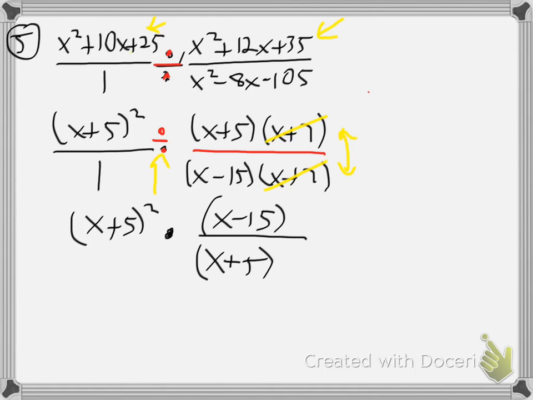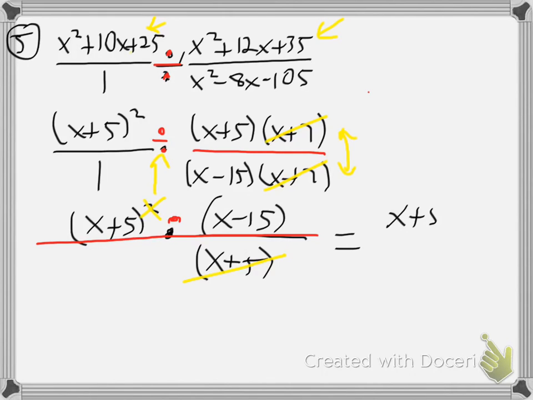There's really a big fraction bar here. Okay, so you want to put times there, you can. And so now we can just start canceling things. There's an x plus 5 on the bottom. That's going to get rid of one of the x plus 5s here. So if I erase it, we're basically done this problem now.